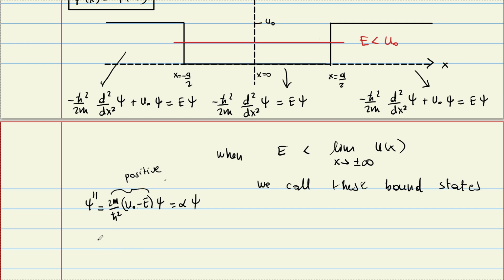And alpha squared is going to be this. Alpha is root of 2m over h bar squared times U naught minus E. Good? Oh, yes, alpha squared. Thank you. Actually, let's erase this and write alpha squared here.